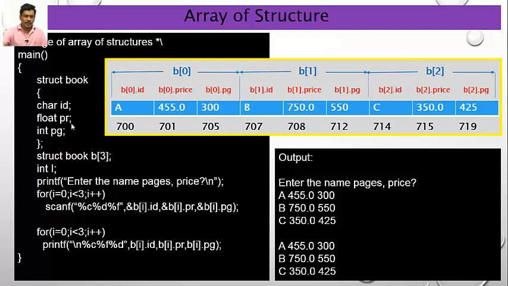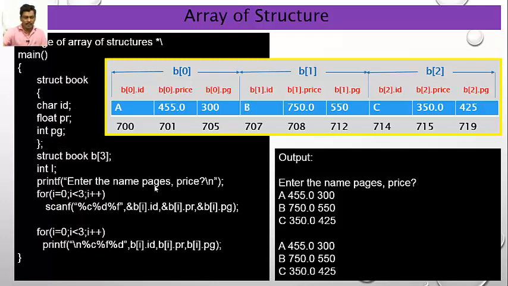Struct book with character id, float pr, integer pg. So struct book b of 3. This is a structure array, that is an array of structure. The variable name is b, but it has 3 structure locations. Each location consists of 3 elements, and each location is capable of storing 3 values.